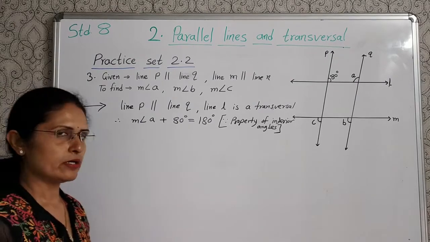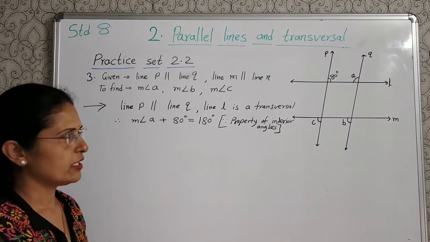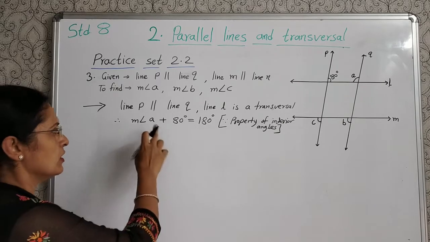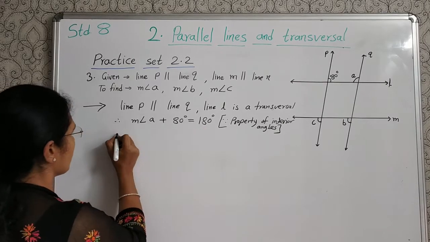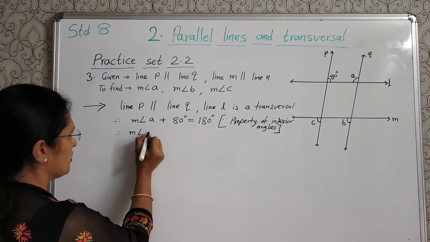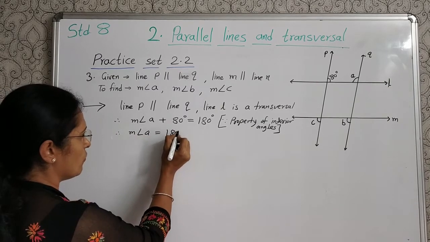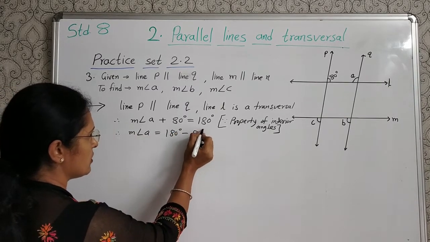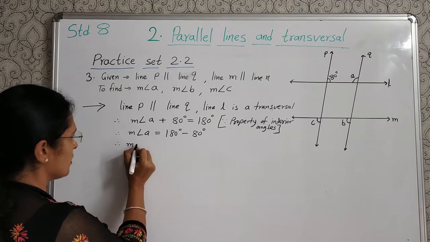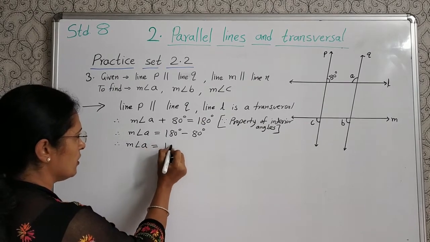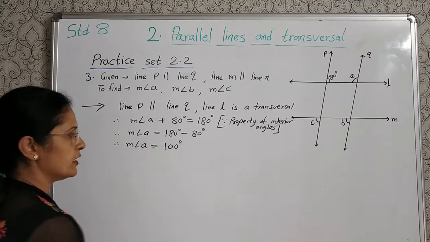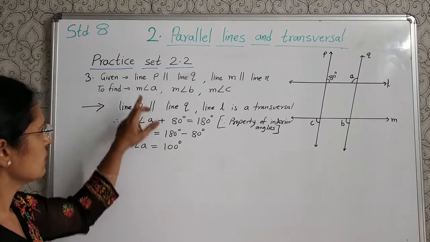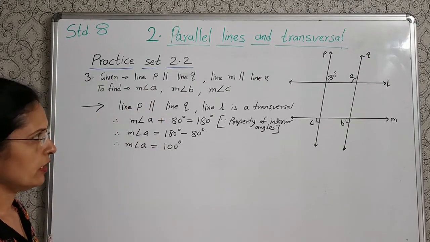The interior angles formed by two parallel lines and their transversal are a pair of supplementary angles, and therefore measure angle A is equal to 180 degree minus 80 degree. So first we get measure angle A is equal to 100 degree. So this is the measure of angle A.